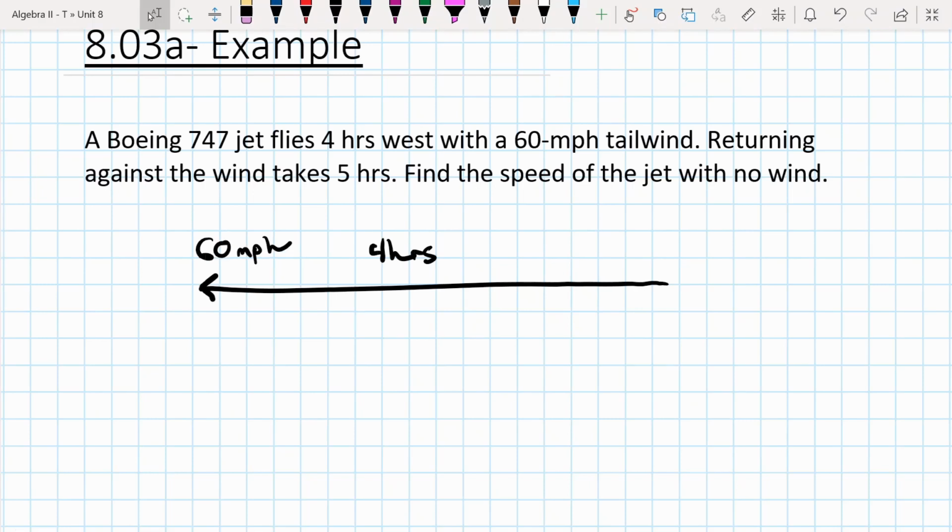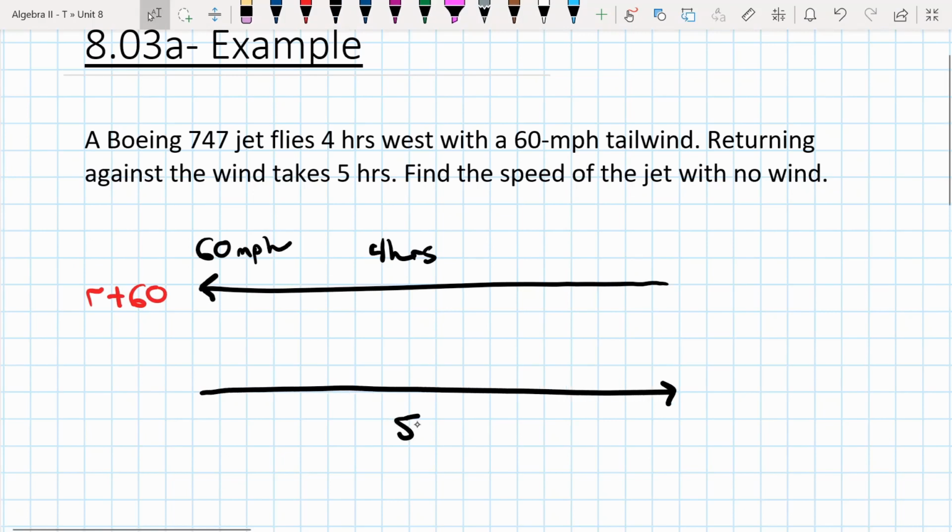And so the rate at which this plane is flying is r plus this tailwind. So imagine a plane's going like 500 miles per hour. If the tailwind is 60 miles per hour, the plane's actually going to be going 560 miles per hour. Okay? Returning against the wind takes 5 hours. So this time it's going into the wind.